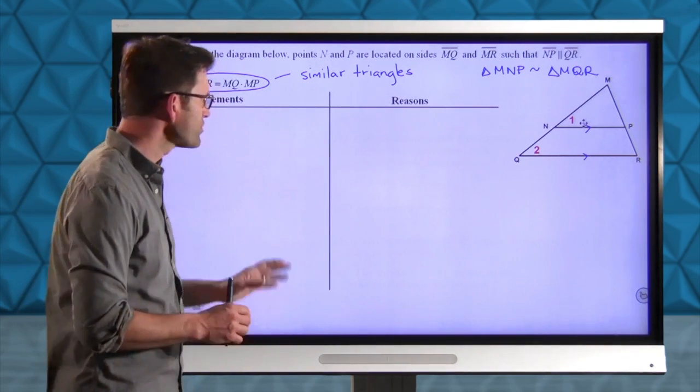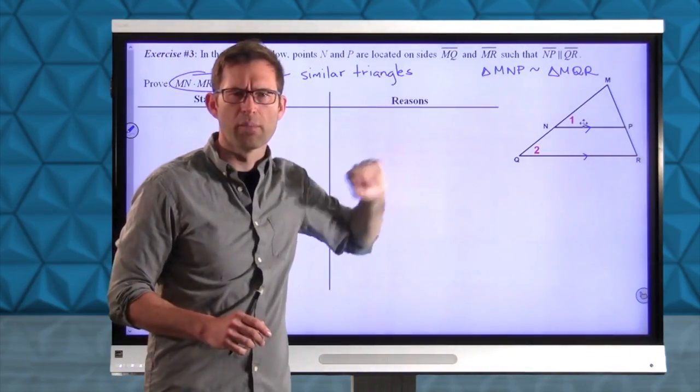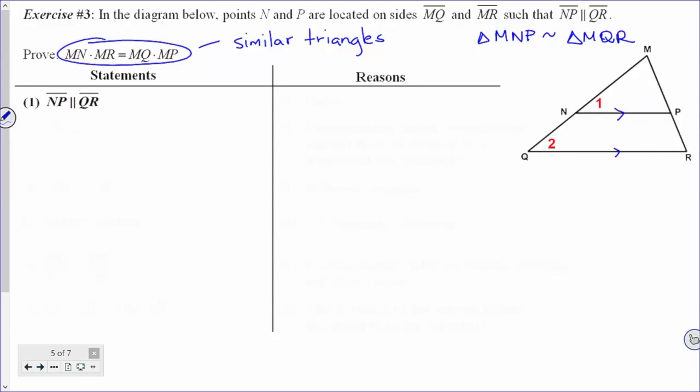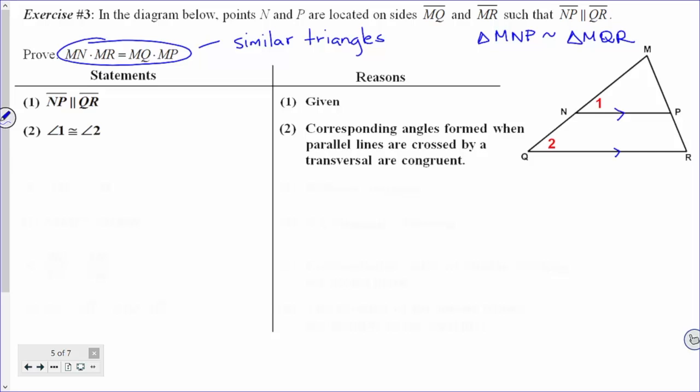So here we go. First, I just want to establish this similarity, and that's pretty easy. I start with my pretty much one and only given, that NP is parallel to QR, and that's given. All right. What can I immediately get from that? Well, I can get the fact that those two angles that I've numbered are congruent to each other.